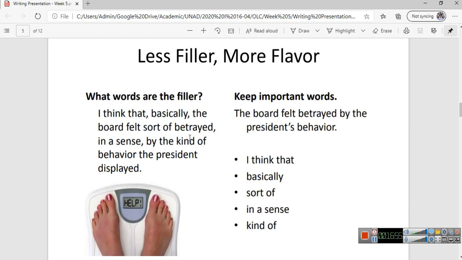I'm sorry, can you repeat that question, please? Yes. So we have here two sentences, 1 and 2. One has fillers and the other doesn't have fillers. So which one do you think has fillers?